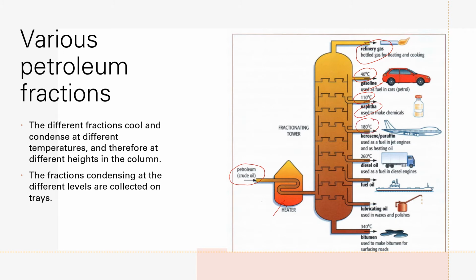At 180 degrees Celsius we have kerosene or paraffin, used as a fuel in jet engines and as heating oil. At 260 degrees Celsius, diesel oil used as a fuel in diesel engines, fuel oil, and then lubricating oil used in wax and polishes. At 340 degrees Celsius we get bitumen or asphalt.